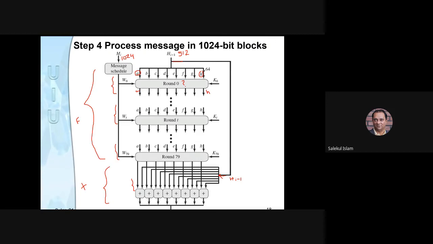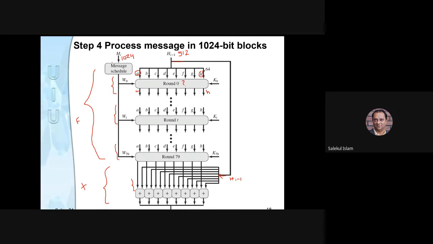I think it is in the book, or we can find it on the internet, but I'm not going to explain that detail, because we have already explained what we have inside DES. So you can understand what it might be, something like DES.